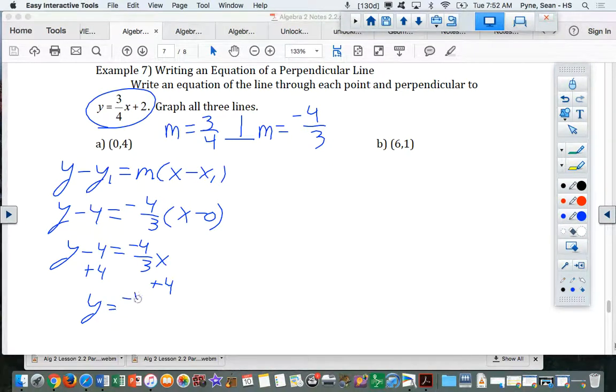Y equals negative 4 over 3x plus 4. Any questions on that? All right, you guys do the next one on your own, B. We're using the same slope.